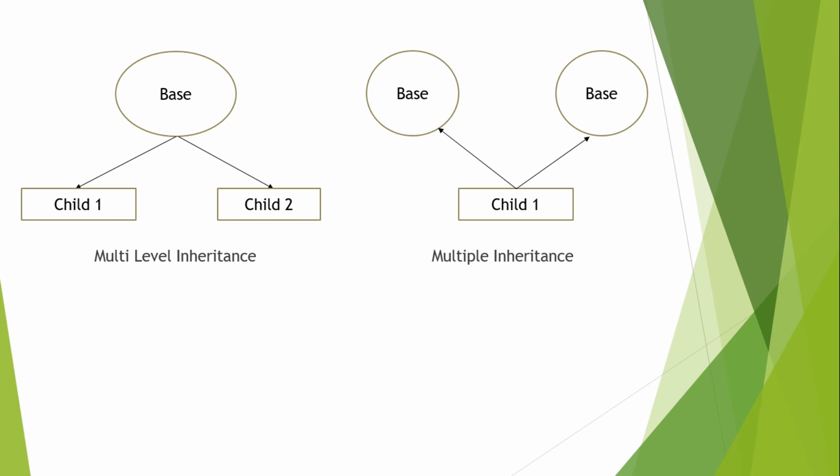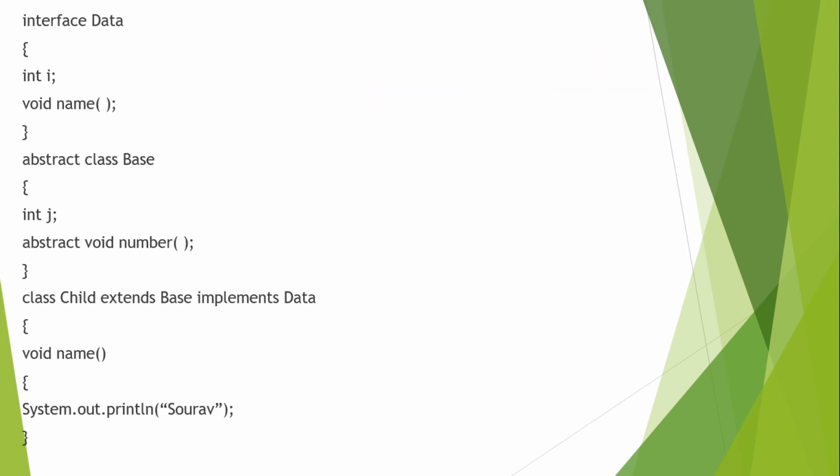So let us see how we can implement the mechanism of an interface in a Java program and achieve multiple inheritance. I have written a sample program. You can see that first I have declared an interface. The name of the interface is Data, declared with the interface keyword.